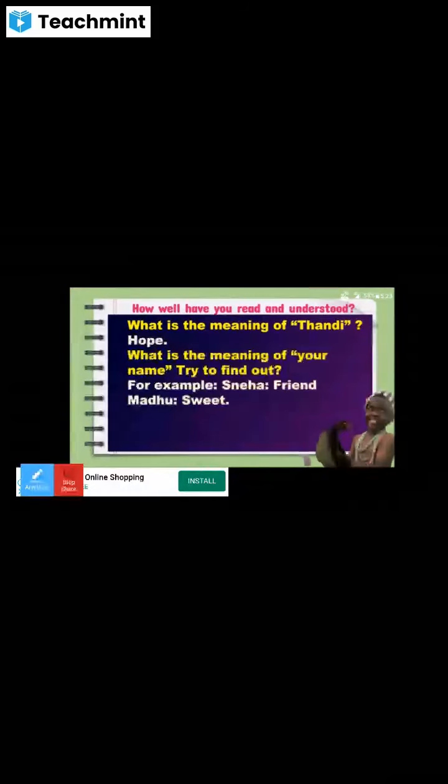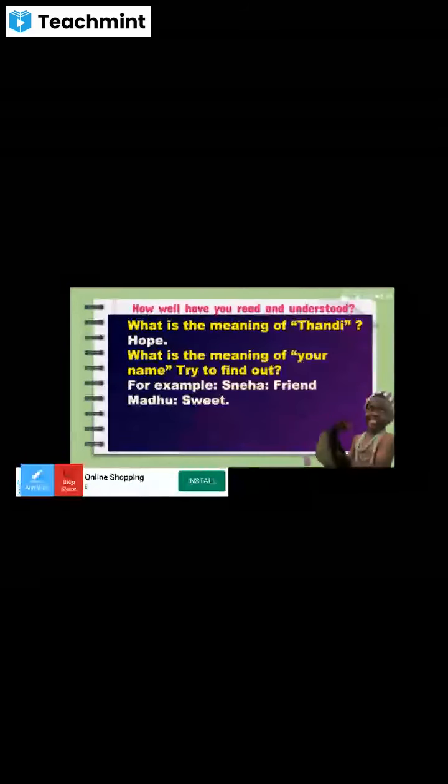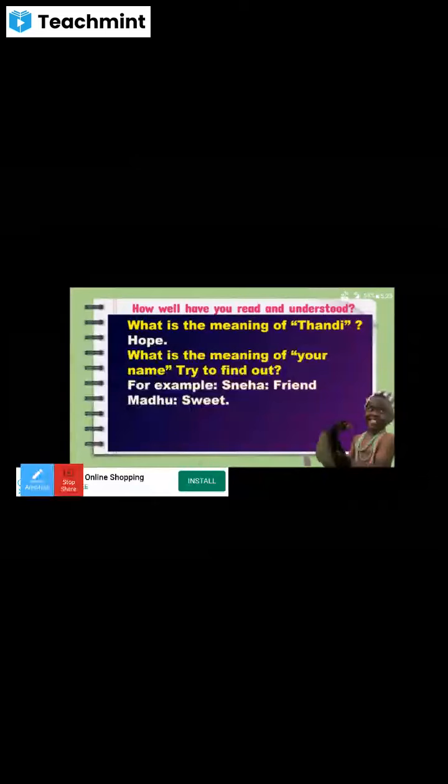Already I told you in the previous class. Can you find your name meaning? Can you find your name meaning? I think you didn't. Okay, at least try today to find your name meaning.